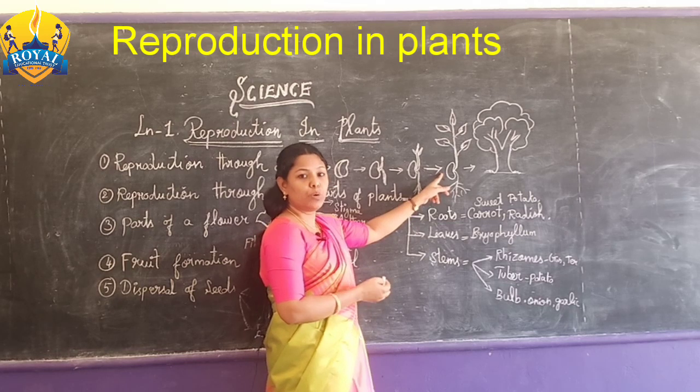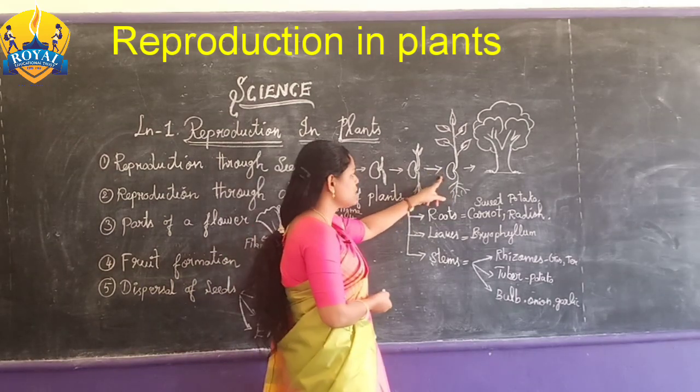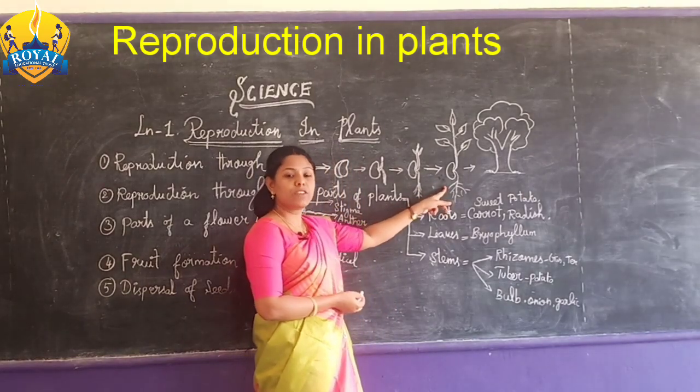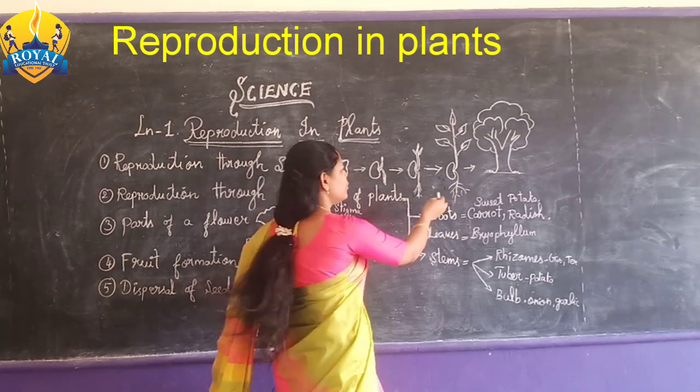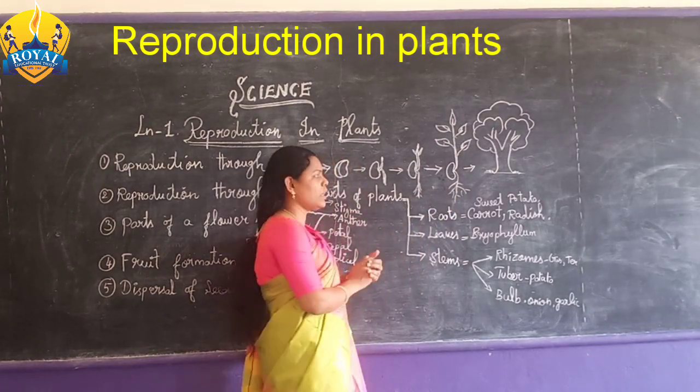grow into a big plant, and the root also goes under the ground and grows many root hairs for grip.